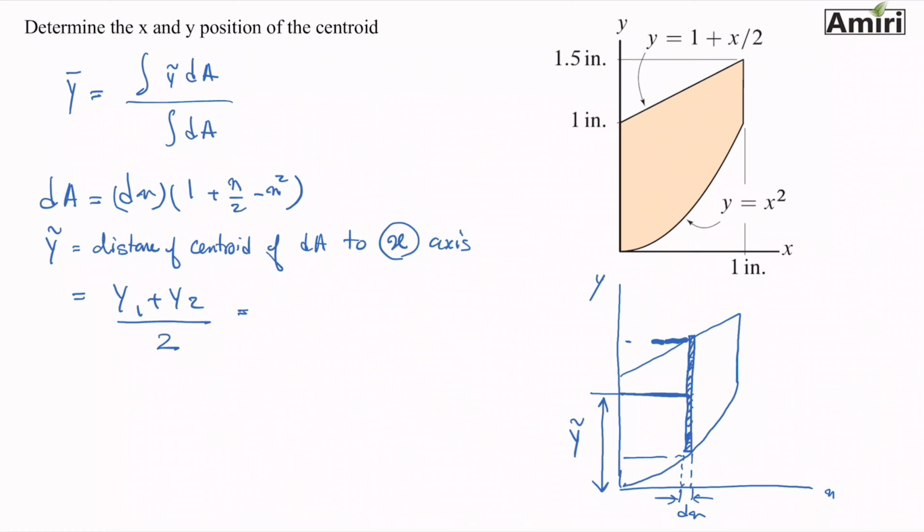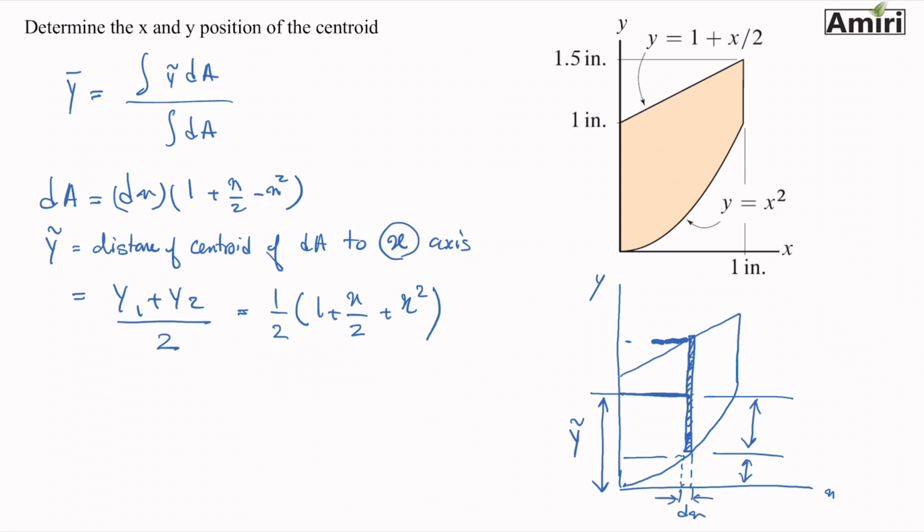Which is 1 over 2, 1 plus x over 2 plus x squared. So this is one way to look at it. Another way to look at it is also this plus this.